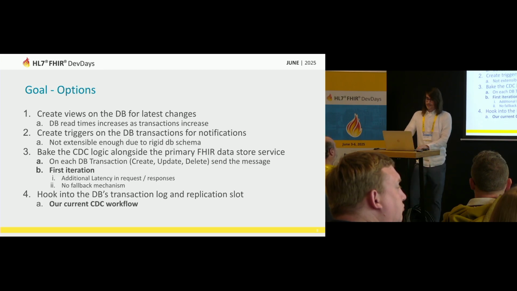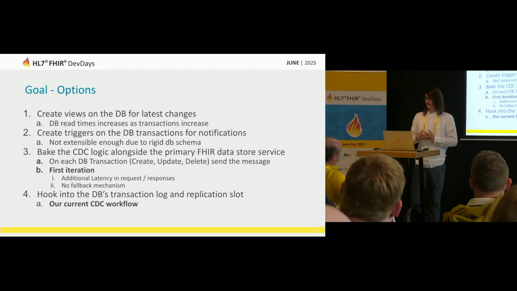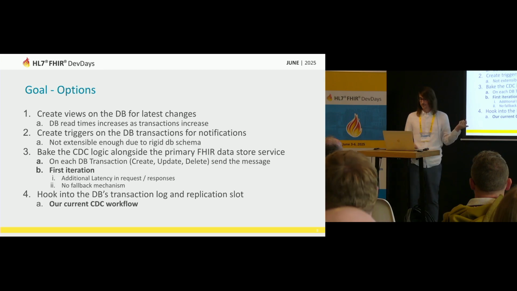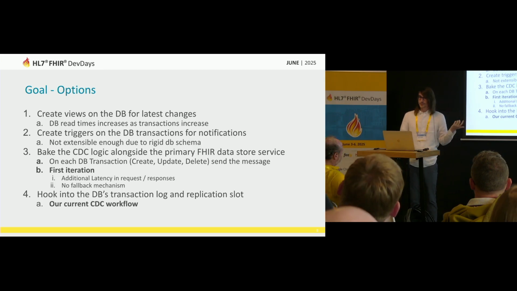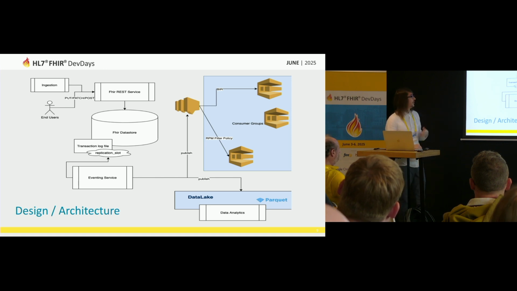A fallback mechanism doesn't really exist until we find how you can actually do this in a distributed way. So the last thing we looked into is how databases actually do replication themselves. And we found out there's a transaction log output, and this thing called a replication slot. Let's hook into that and see how that works out. And this is what we ultimately ended up with, our architecture here. You can see the box up here: there's ingestion and different flows from end users, practitioners, clients, whatever the case is, coming into our service. This could be REST or GraphQL. We have both.